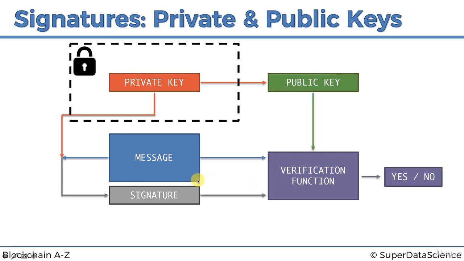So basically what it does is it uses the public key to assess the signature attached to the message, to assess the combination of signature and message, to confirm or decline that this message was signed by this private key.